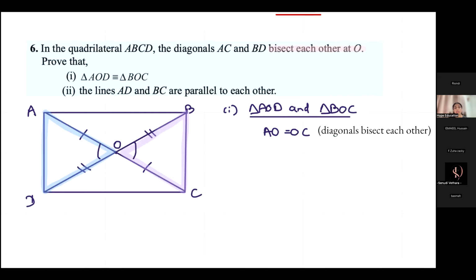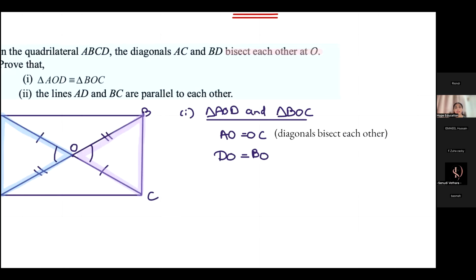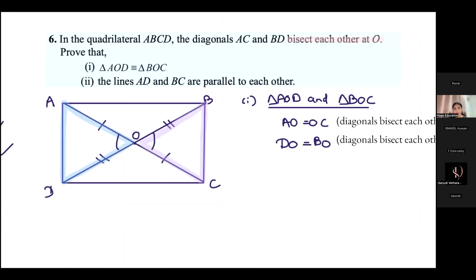Then DO is equal to BO. Same reason, no? Same reason. Diagonals bisect each other. Then angle AOD is equal to BOC.